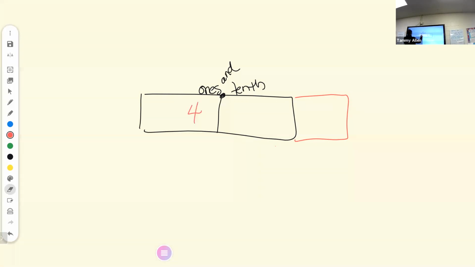The 4 goes into the ones place. There are no tenths, there are 7 hundredths. 4 and 7 hundredths. Okay?